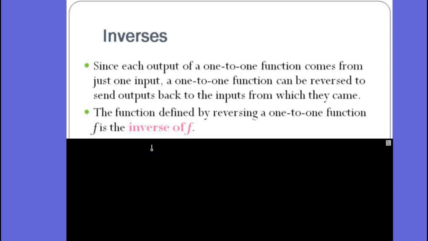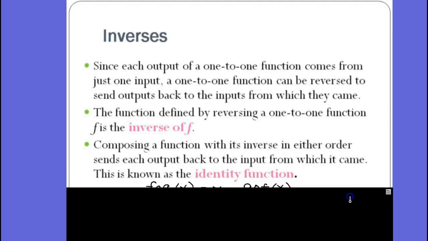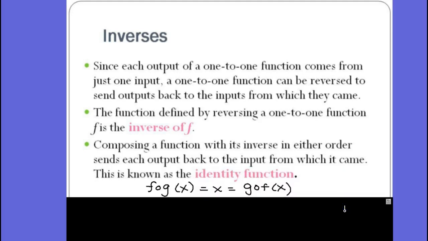The function defined by reversing a 1-to-1 function is known as the inverse. Composing a function with its inverse in either order, meaning f of g or g of f, should give you the identity. You have to show both. It is not enough to show f of g equals x. You have to show both.